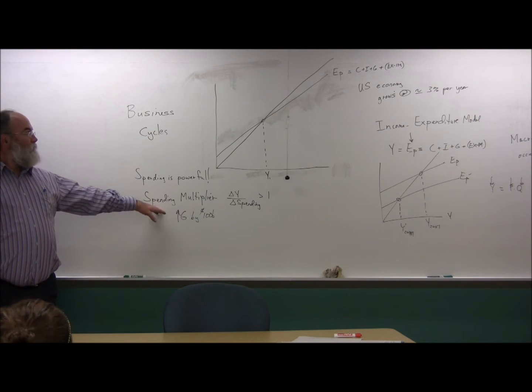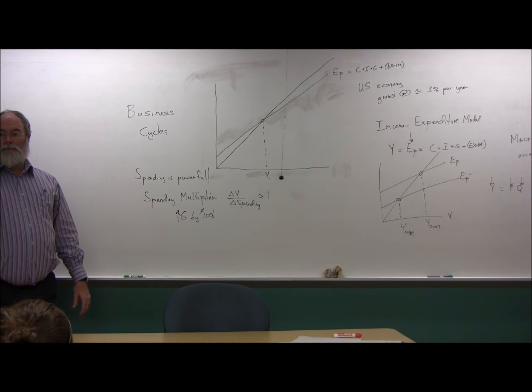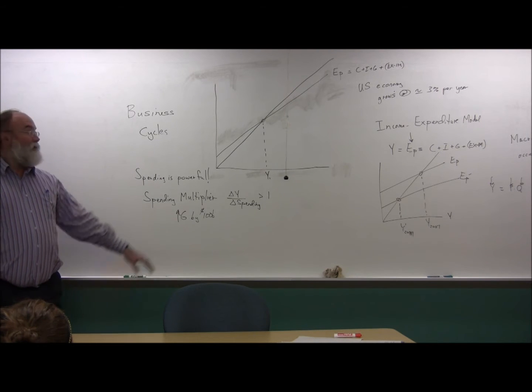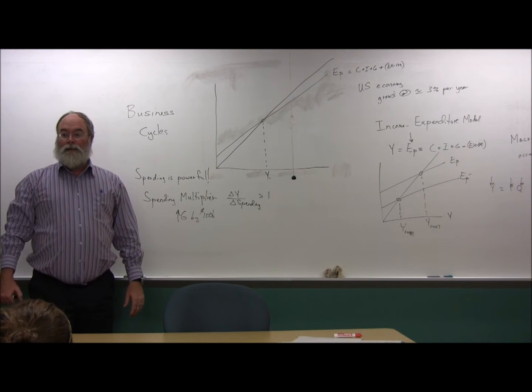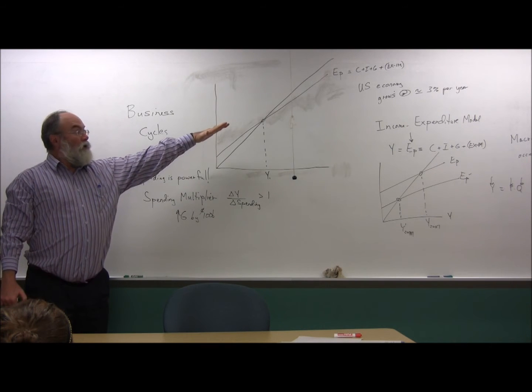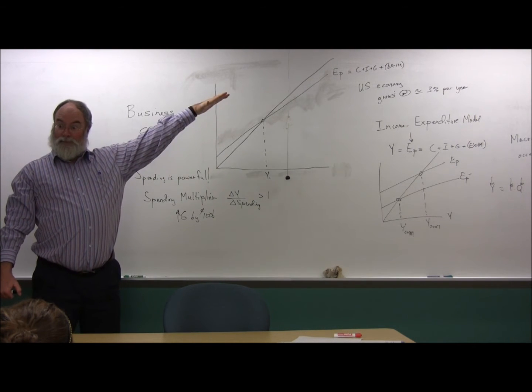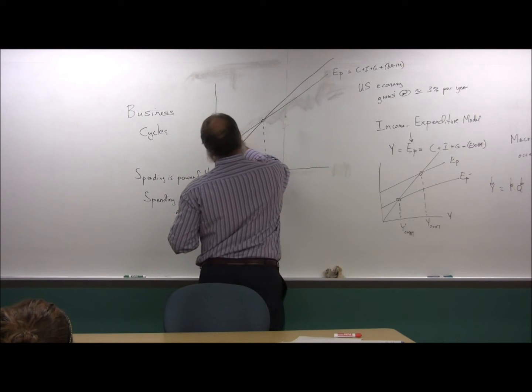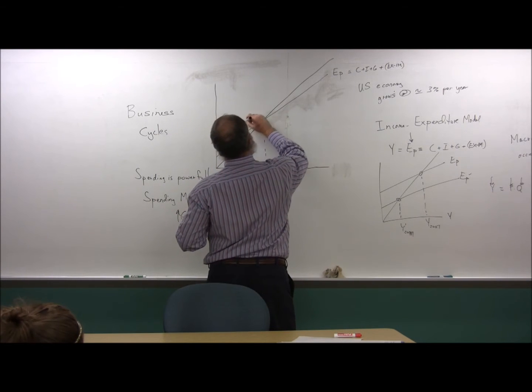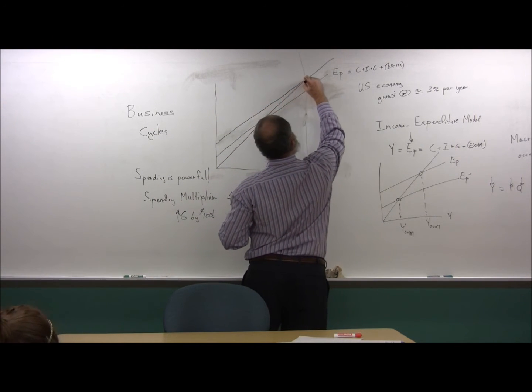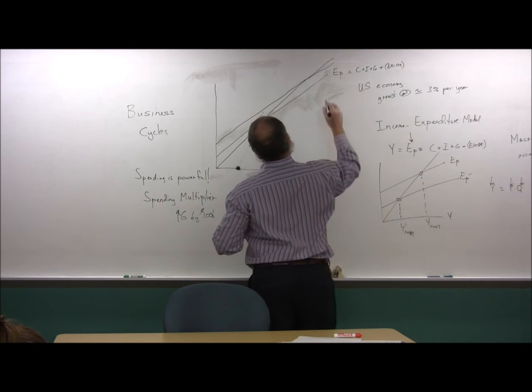Jessica, how do we show that on the graph? Government spends $100 billion more. How do we show that on this graph? Dot goes further up. Yeah. Well, the line shifts up by 100, right? Now, I tried to draw that parallel.